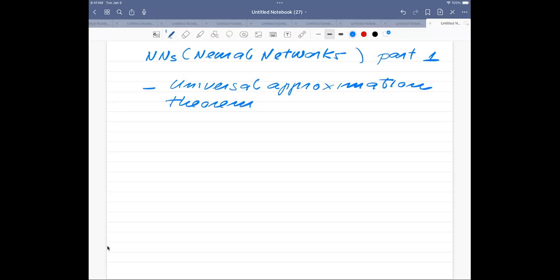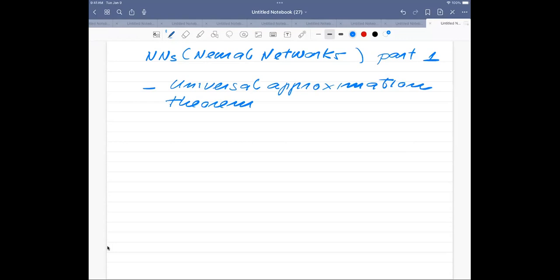So what this theorem says in words is that you can approximate a continuous function, which is not necessarily linear, with a neural network which has at least one hidden layer. So that means that you can approximate a given function to a given error by setting up a neural network with one hidden layer. And that function is continuous.